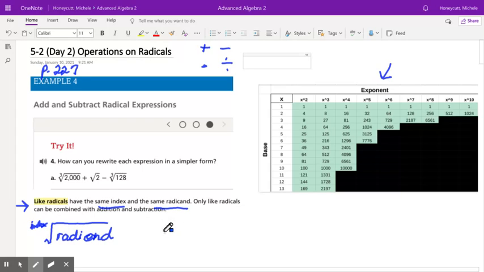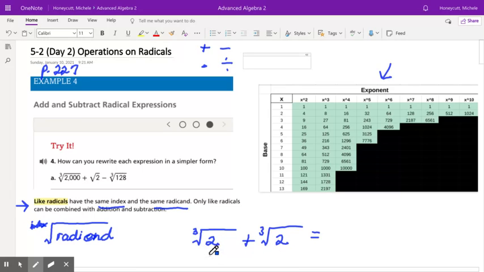So the only way I can add or subtract radical expressions is if I have the same index and the same radicand. So here's an example. Let's say I had the cubed root of 2 plus the cubed root of 2. They have the exact same index. They have the exact same number in the radical.